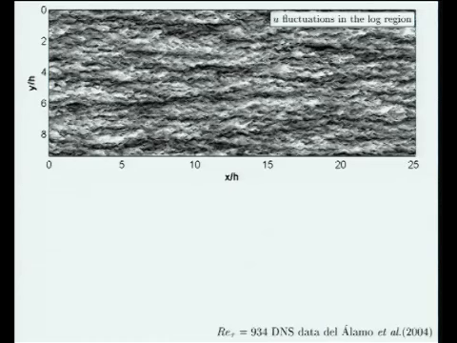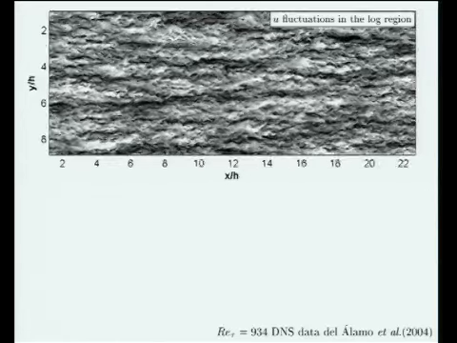I'm going to skip through this pretty quickly, but that was all in terms of u fluctuations. If we look, we see this preferential strengthening of the small scale fluctuations in all the components, and we can certainly see this in Javier and Bob's DNS. This top figure here shows streamwise velocity fluctuation in the log region.